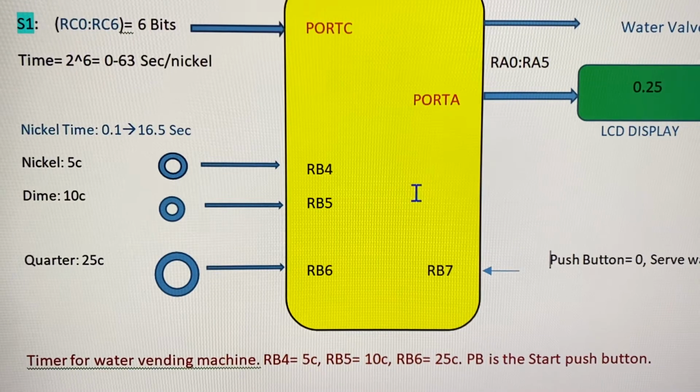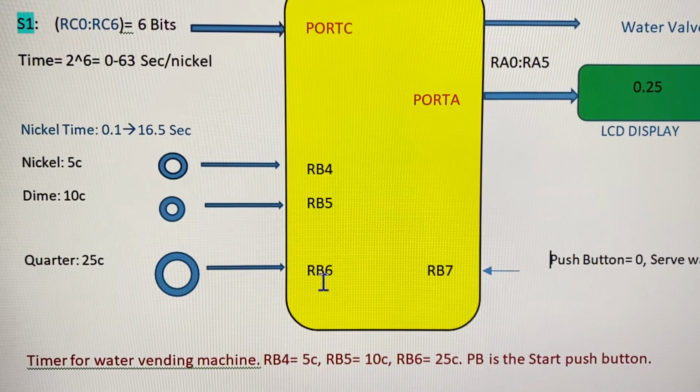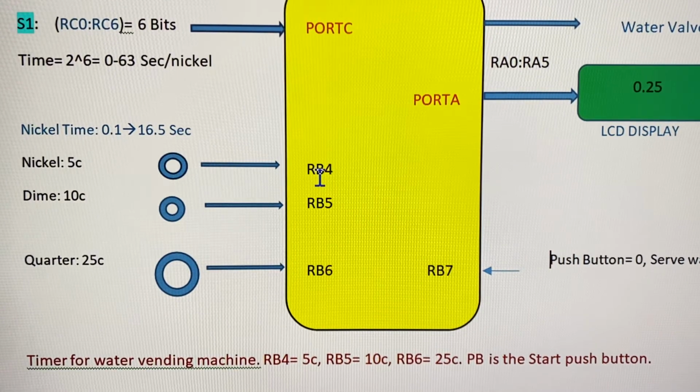The maximum amount of money accepted will be $1.50 to avoid failures, because in case one of these sensors starts failing, it will not keep increasing the register or variable that counts the deposited coins.